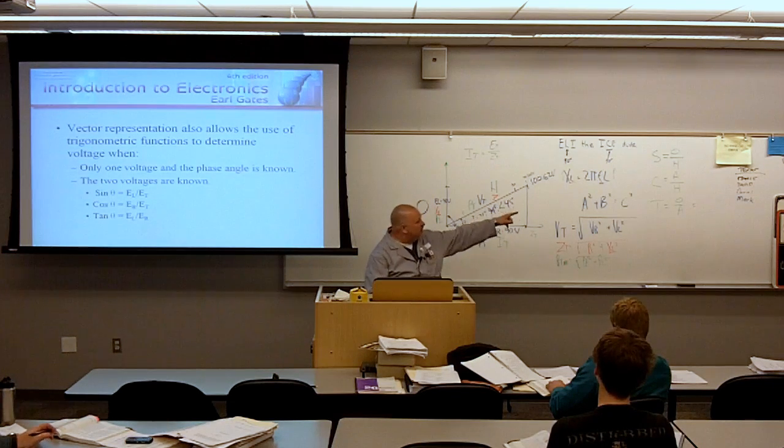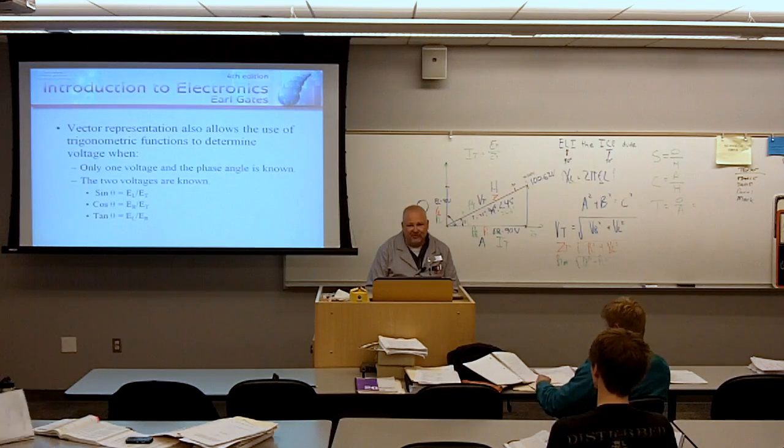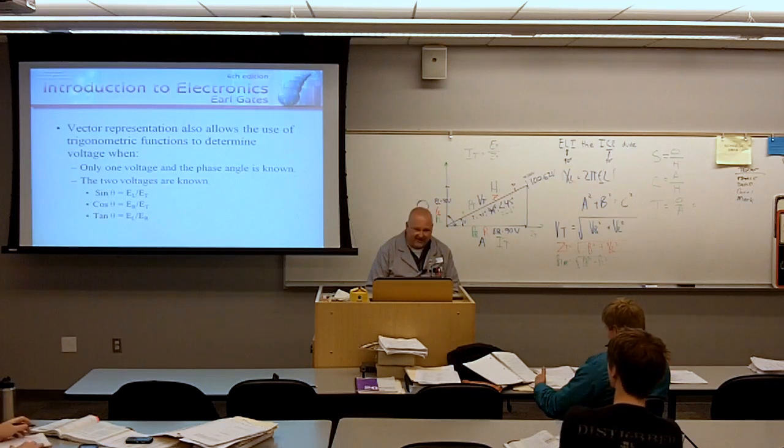I give you any two of those sides, you're going to be able to calculate out what angle theta is. If angle theta is greater than 45 degrees, it's predominantly a reactive circuit. If it's less than 45 degrees, it's predominantly a resistive circuit. If it's 0 degrees, it's purely resistive. If it's 90 degrees, it's purely reactive.